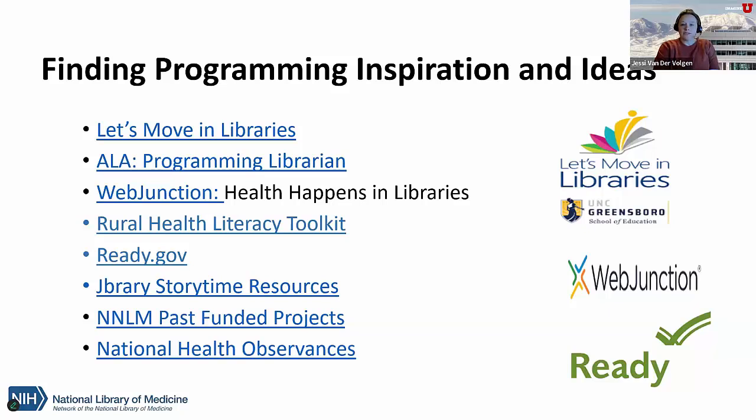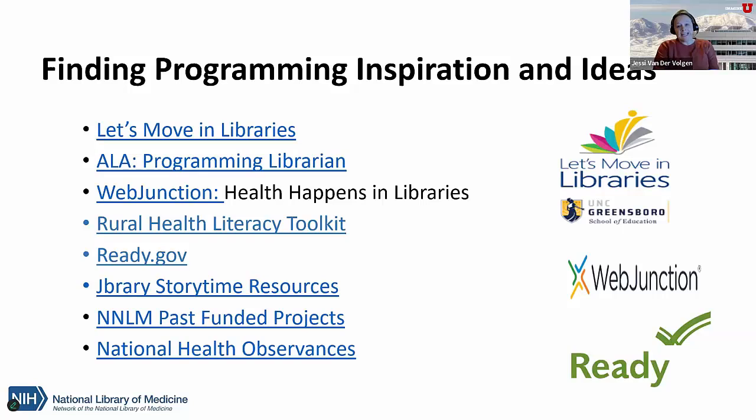The Rural Health Literacy Toolkit is a program clearinghouse specifically dedicated to rural libraries with a lot of the activities focused on health literacy. Ready.gov includes emergency preparedness trainings and programs with social media toolkits that you can take and use in your community. Jayberry Storytime focuses on food, movement for storytime with children.